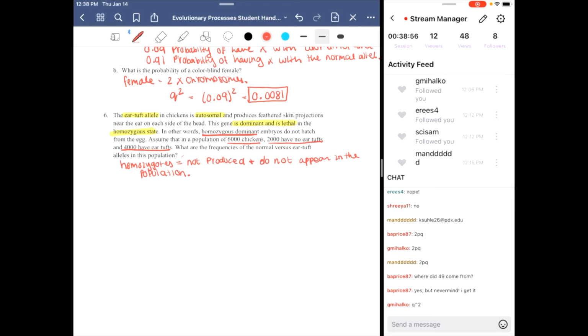So we know the population has 4,000 heterozygous tufted chicken and 2,000 homozygous normal chicken.